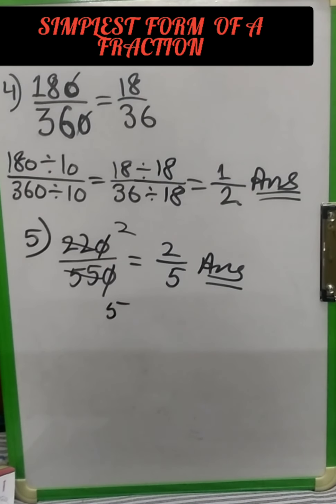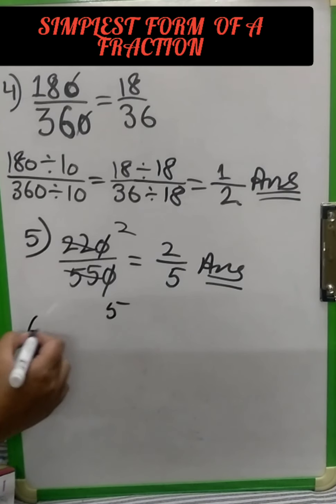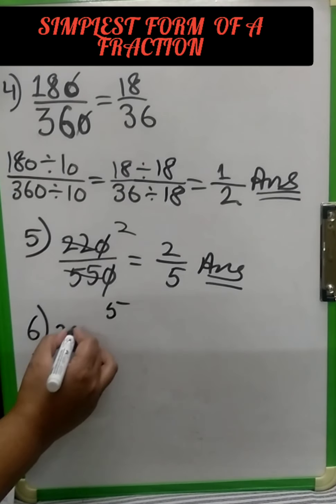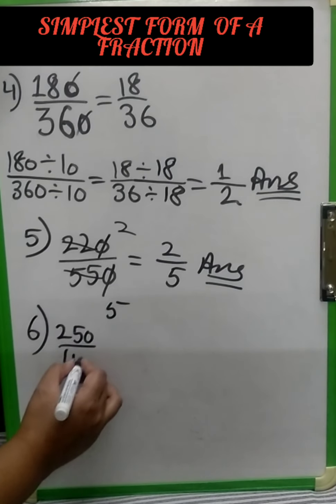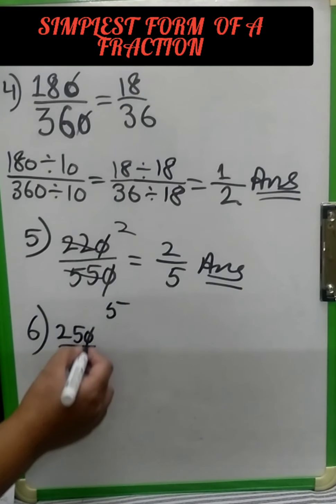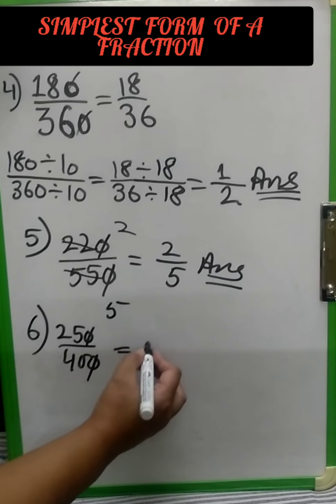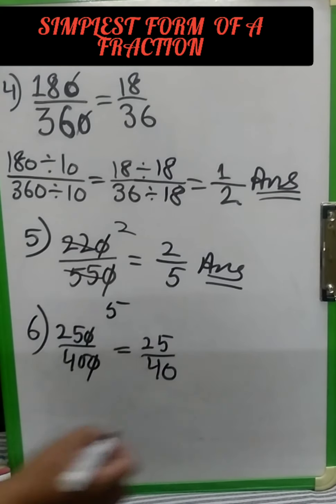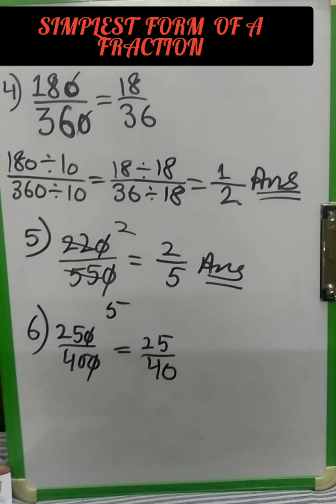In this way only, we have 250 upon 400. First of all, I'll cut 0 with 0, so I'll have 25 upon 40. You can see both numerator and denominator have common factor 5.